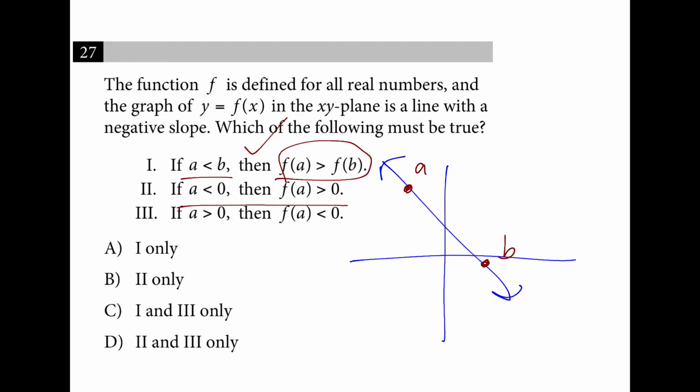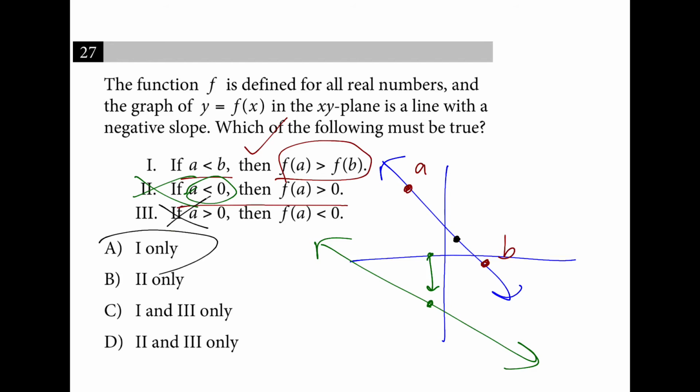If you look at 2 though, is it possible that we had a slope like this, where we have an a value that's negative, but the y value is still below 0? That's totally possible, so that one's not going to be always true. And similarly, if our a value or our x value was bigger than 0, it could still be positive. So the only one that is always true is the first one.